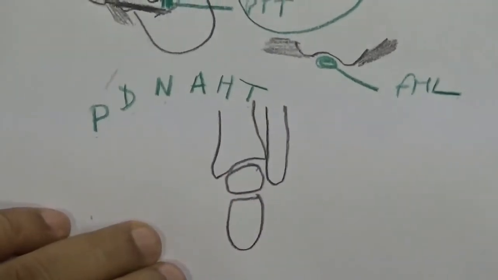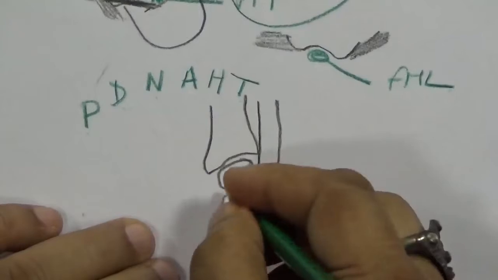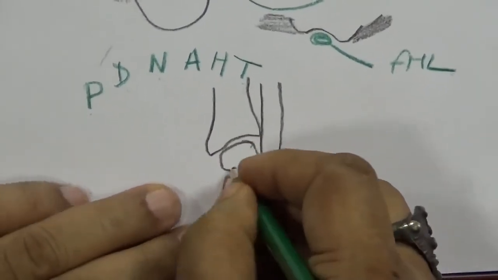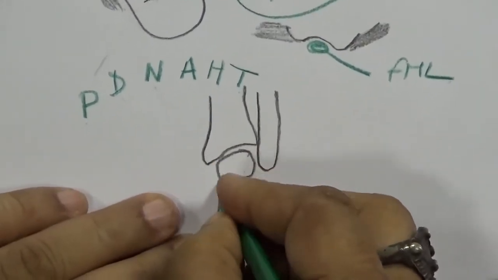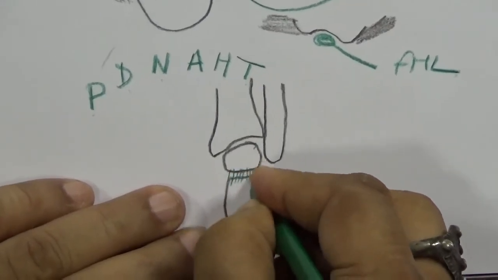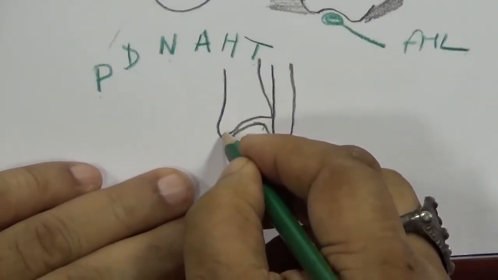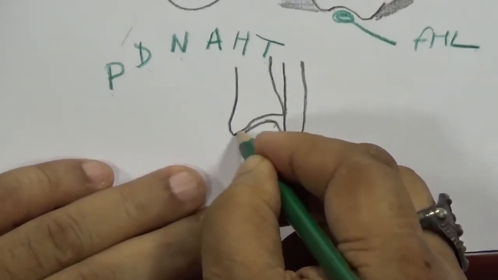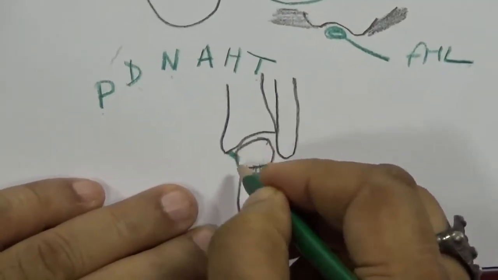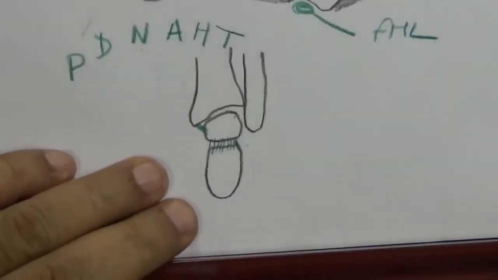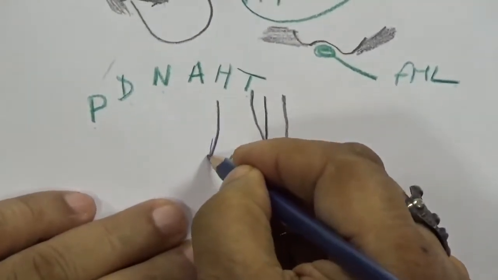Then the ligament between the calcaneum and the talus in the sinus tarsi is the interosseous talocalcaneal ligament. Here you have the deltoid ligament, and here you have a retinaculum.